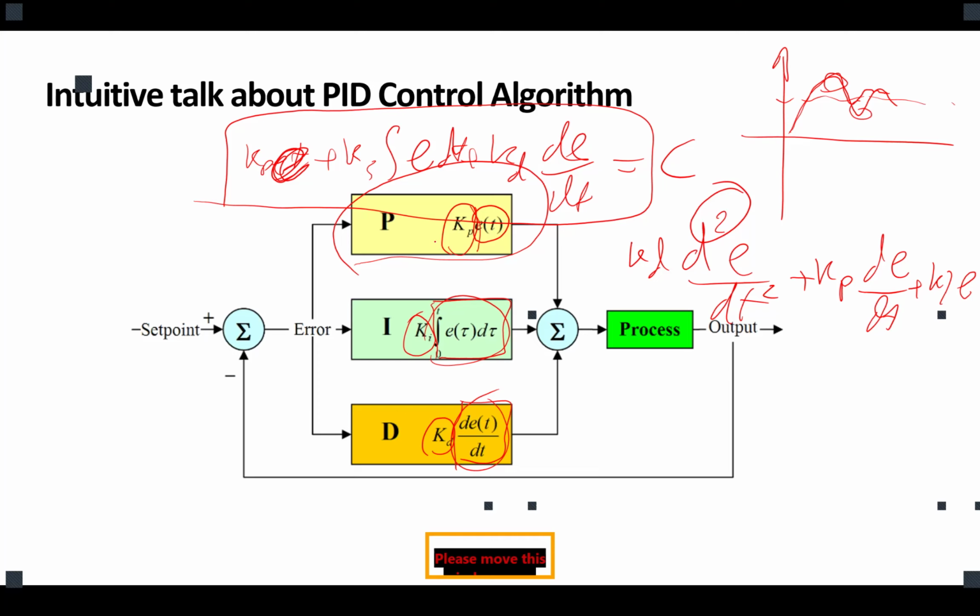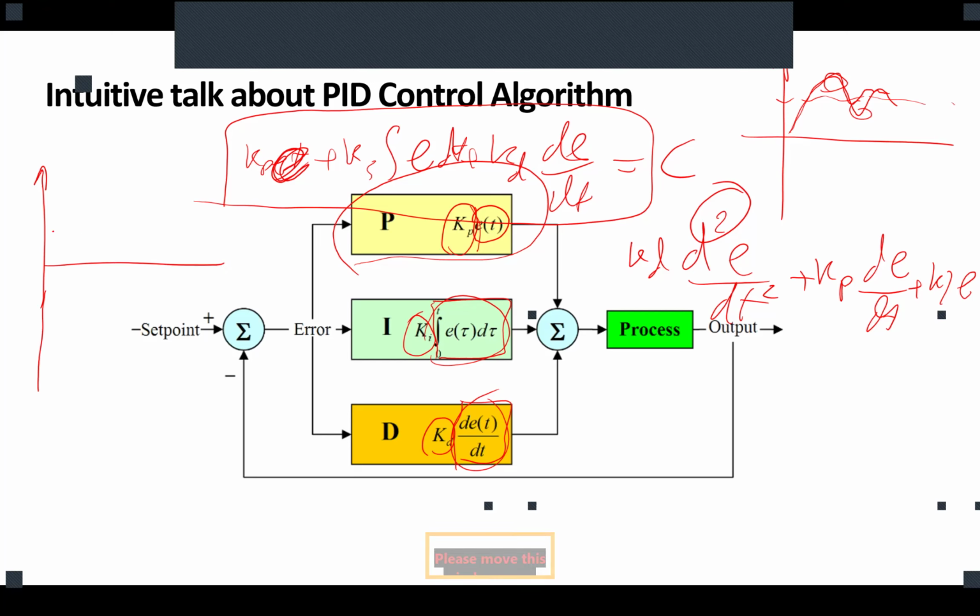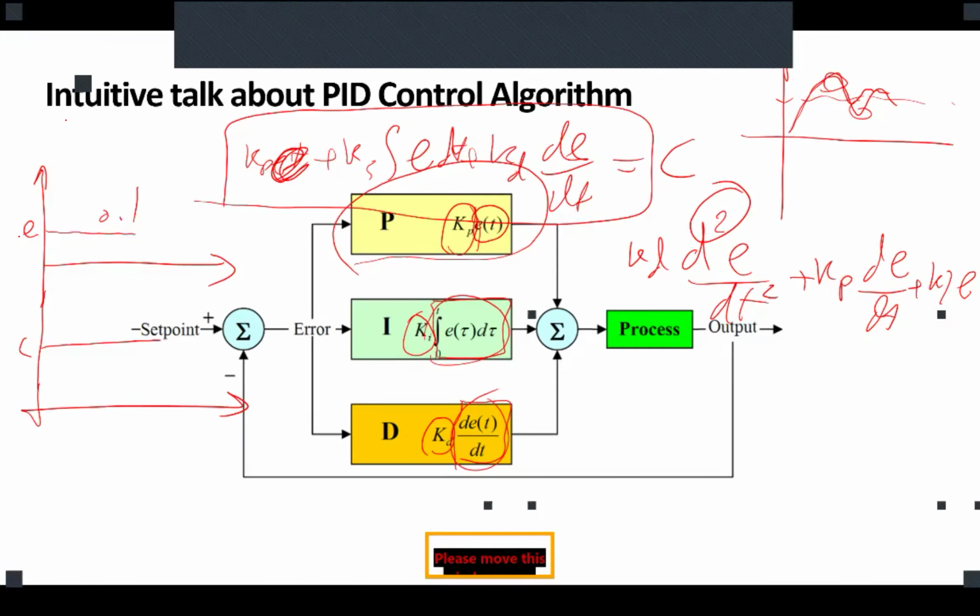Are you good? What happens if I add a gain higher than 1 to that error? We have an error. This is our error, and this is our control value, the output of the PI. If I have an error of, for example, 0.1, and I define the KP as 2, what's going to happen?